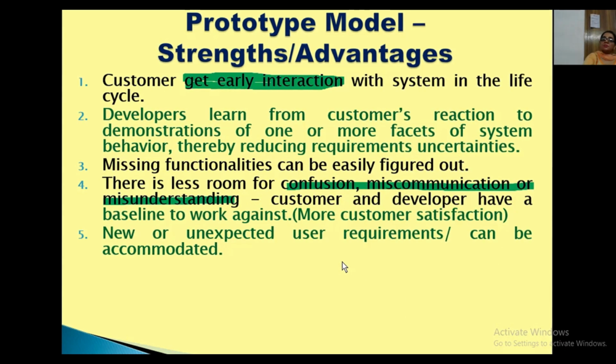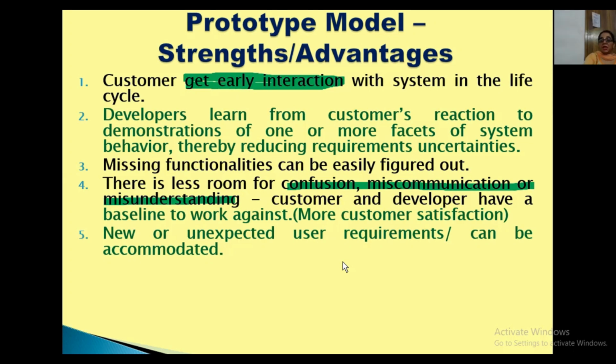New or unexpected user requirements can be accommodated. Suppose in between evaluating the prototypes, the customer or the end user comes up with some new idea or new requirement. They can be incorporated, accommodated in the next prototype in this particular model.